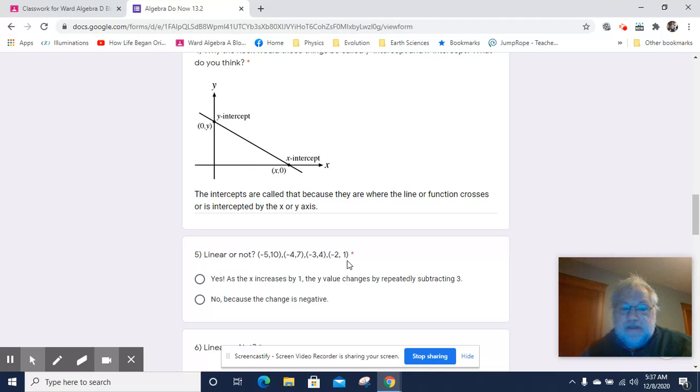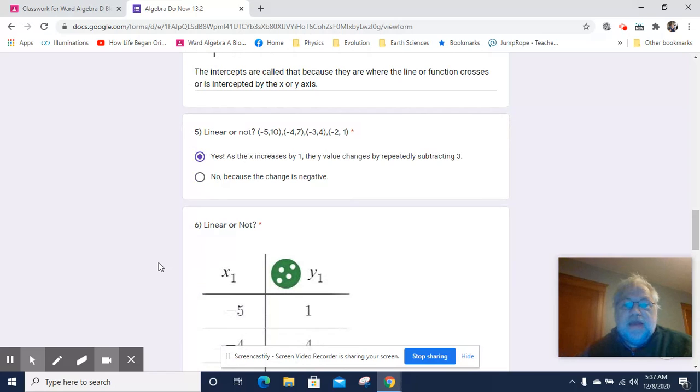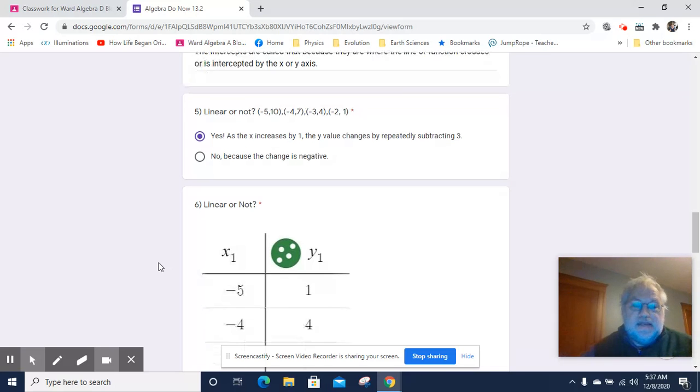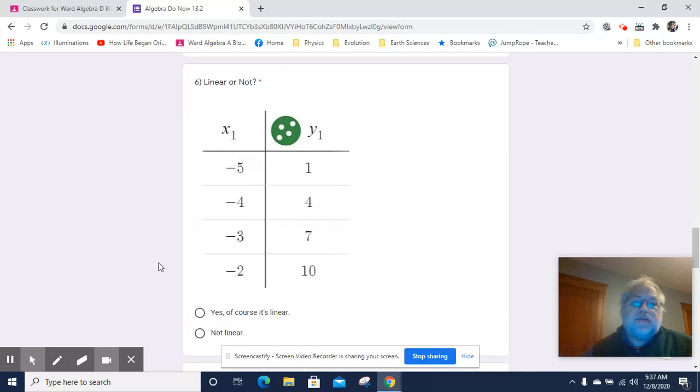If it's hard for you to see this, you might want to organize these into an x-y table, then you might be able to see it better vertically. But yes, as x increases by 1, the y value changes by repeatedly subtracting 3. So there's a y equals -3x involved in this function, and it is linear. It has a regular rate of subtractive change.